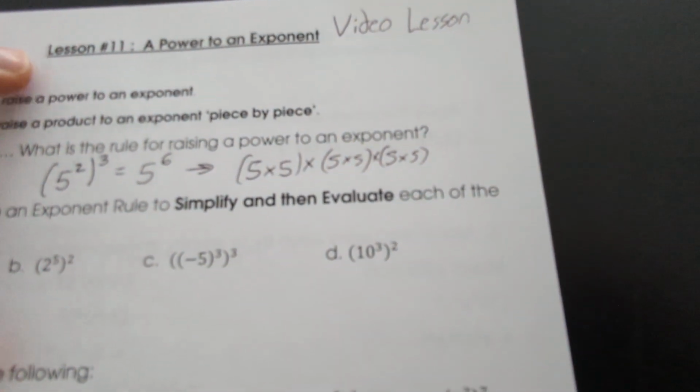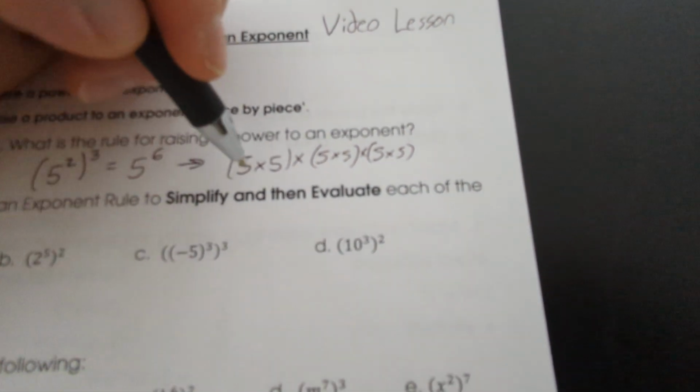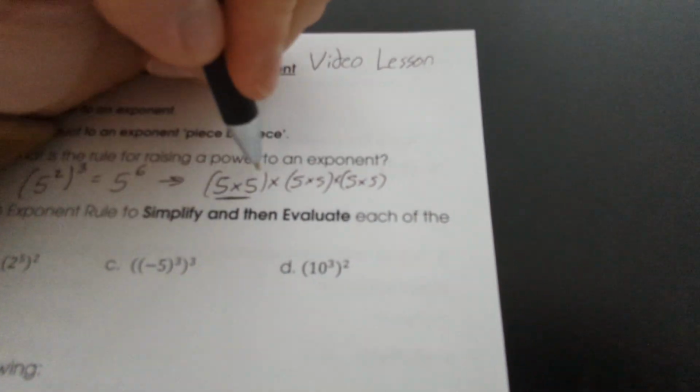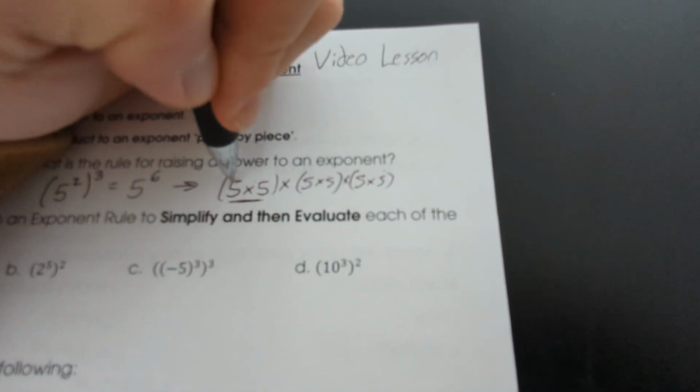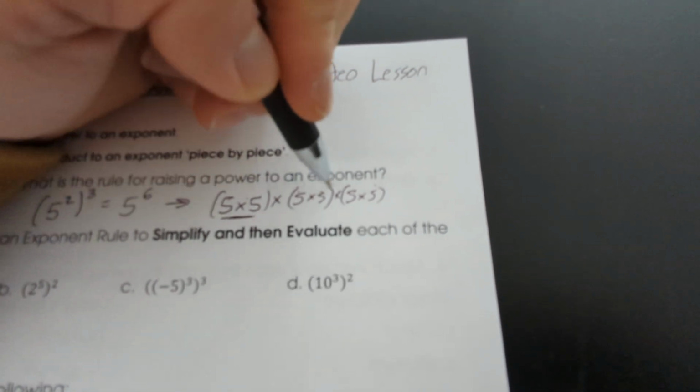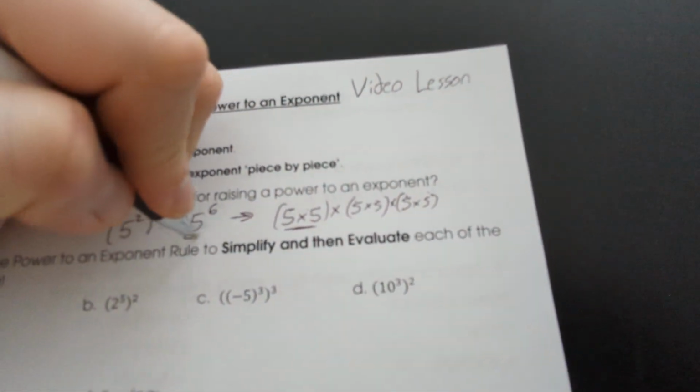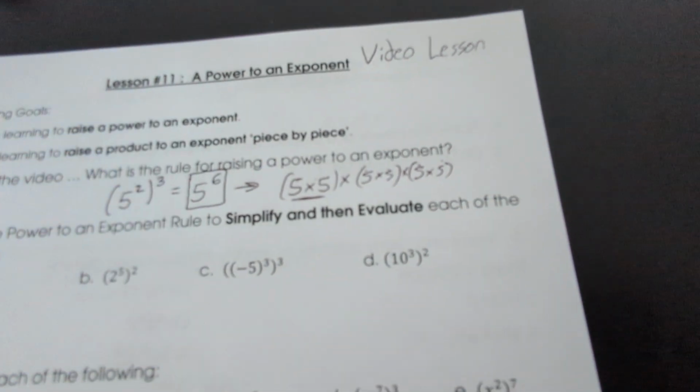So we have 5 squared, 5 times 5, and we're doing 3 of them. So 1, 2, 3, which gives us 1, 2, 3, 4, 5, 6. 6 5s being multiplied. So that's why it makes sense that we have 5 to the power of 6.